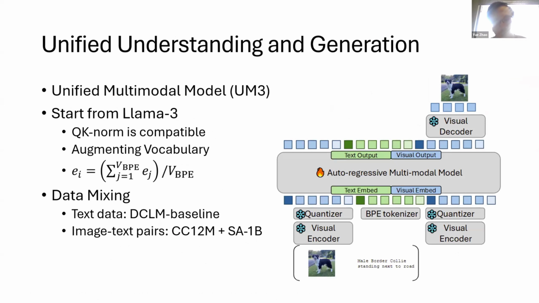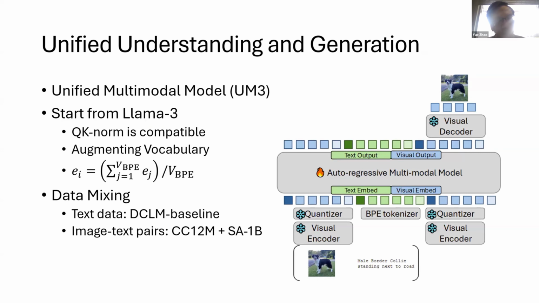Because now we have the tokenizer for the visual part, we convert the patches into indices using this visual tokenizer, and we have to initialize the embedding for each visual token. The way we initialize this is to use the average of the initialization from Llama 3 for the text vocabulary. This actually improves the training.